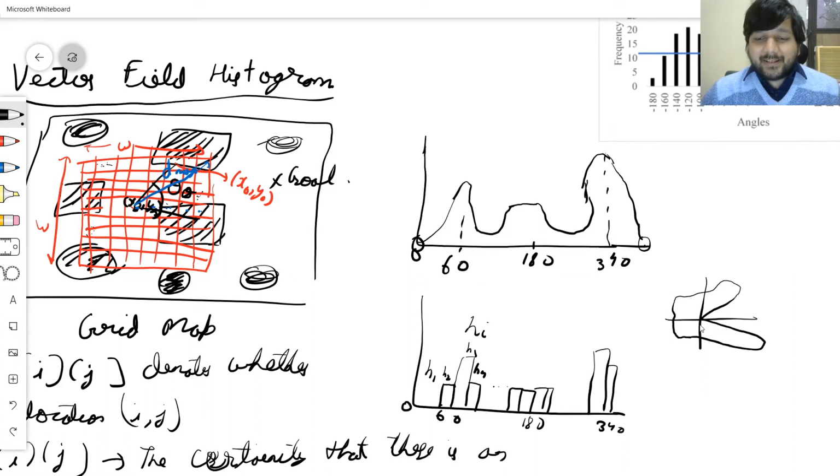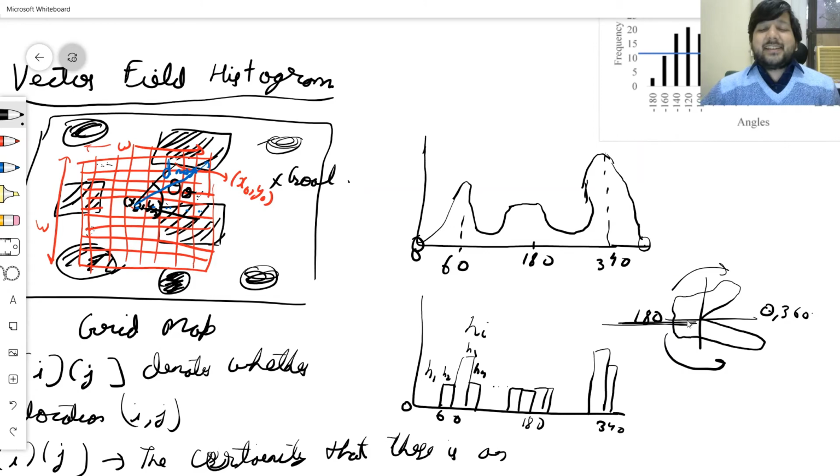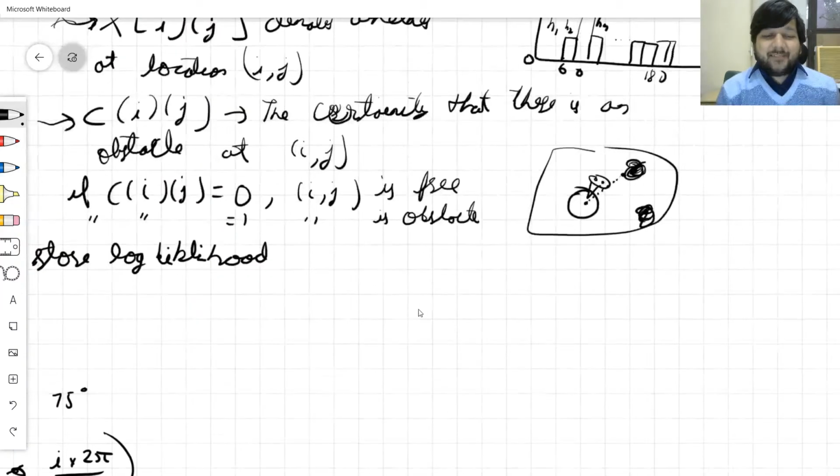It is continuous from 0 to 360 degrees, so that's 0 and that's also 360 degree. But I cannot plot this thing up, so I split it across over here and plotted it as a straight line. It doesn't mean it's non-circular, and I'm going to take care of that when I apply moving average, that the angles are circular.